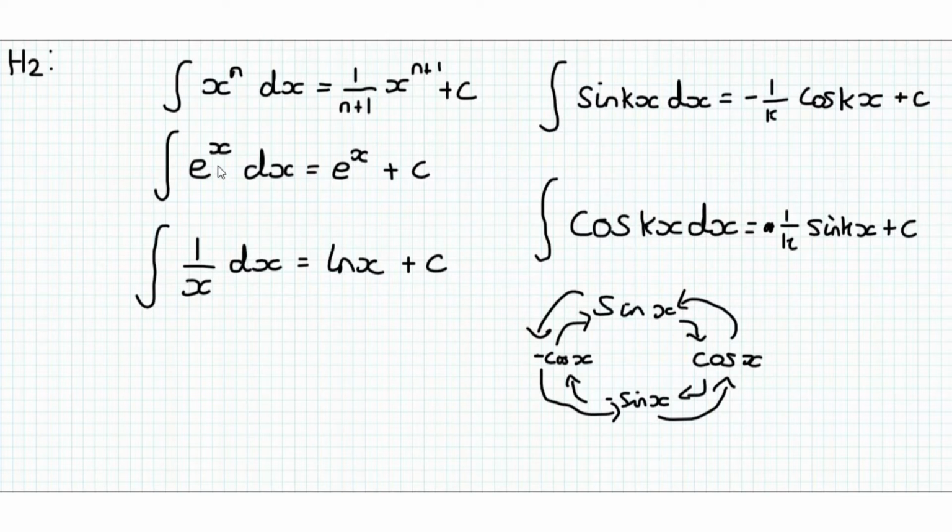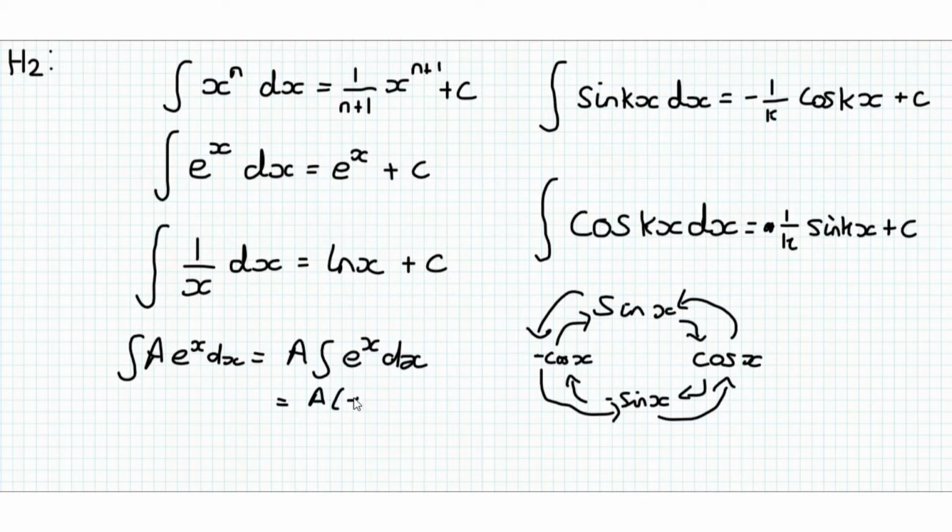So say we have the integral of a e to the x with respect to x, that is equal to a multiplied by the integral of e to the x with respect to x. So this will be equal to either a e to the x plus c, or we can just call ac a different constant, so we'd have a e to the x plus d, right?